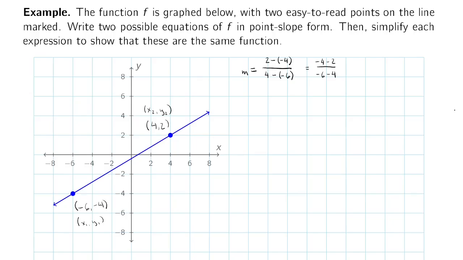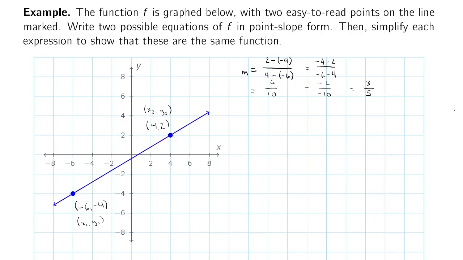The first one gives me +6 over +10. The second one gives me -6 over -10. And each of those fractions simplifies to a slope of 3/5. The slope of my line is 3/5.